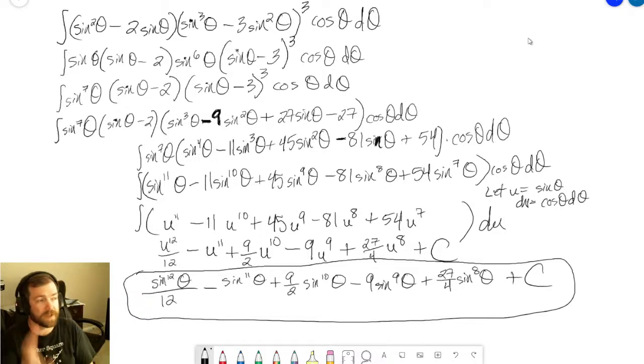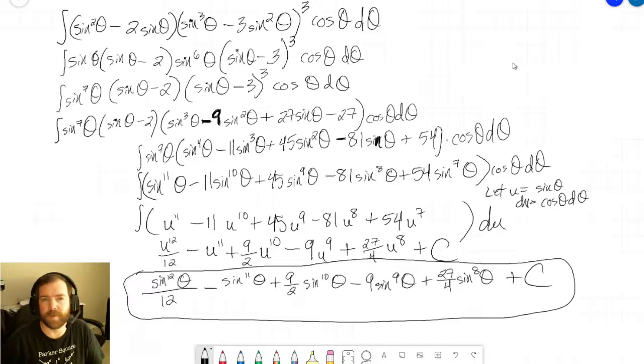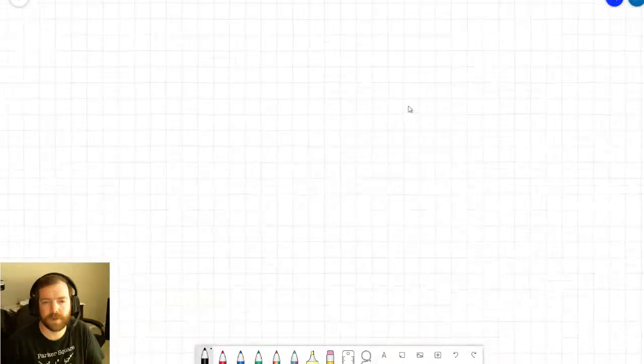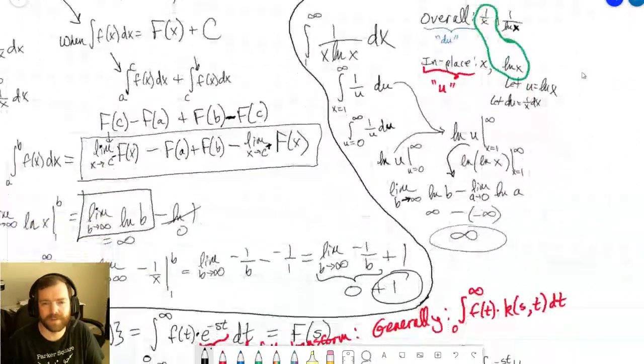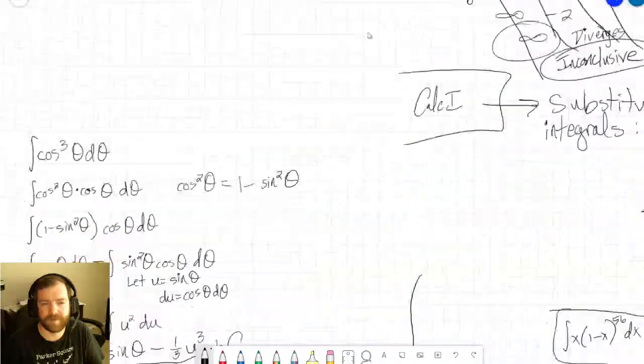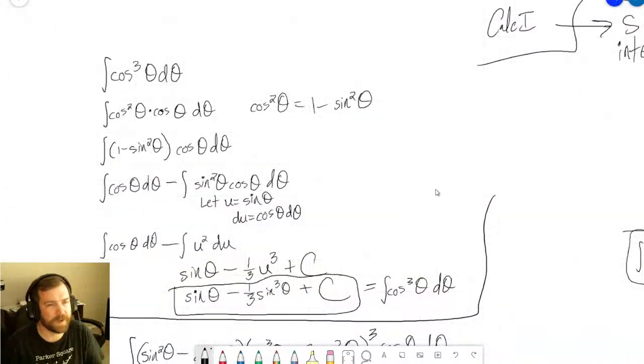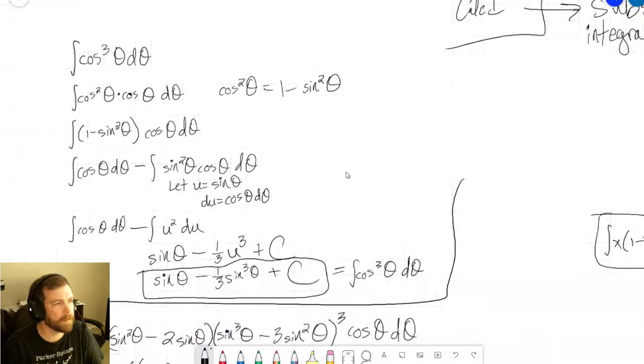Yeah, so this actually is Calc 1 type stuff, but I did an easier problem up here, where I said, let's have integral of cosine to the third of theta d theta.